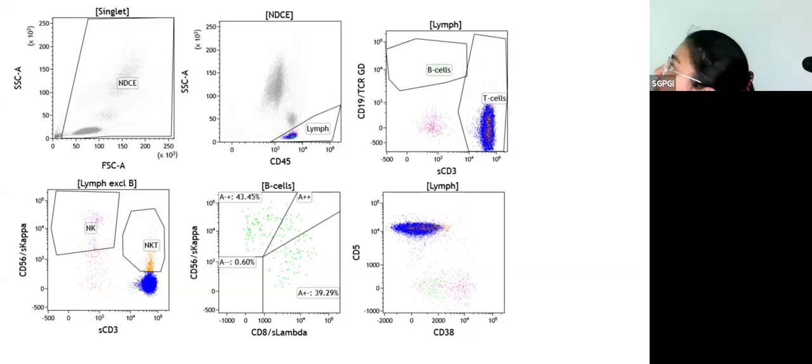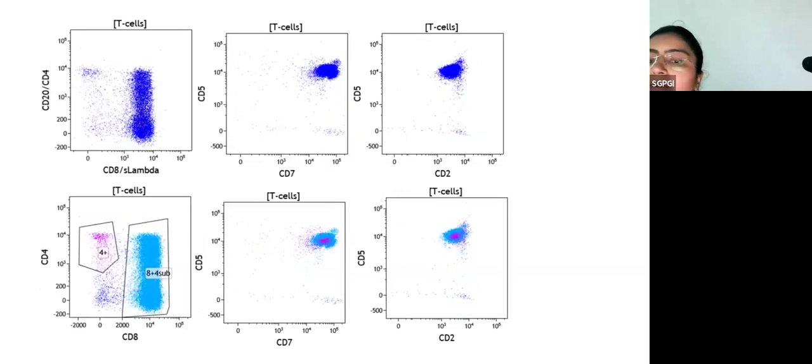Now, when you get your lymphocytes, you see here that again, most of these are your T cells. B cells are polyclonal. CD5 expression normal, abnormal? CD5 is as good as normal, right? Normal T cells also express bright CD5 and these cells also express bright CD5. What about CD4 and CD8 on the T cells?